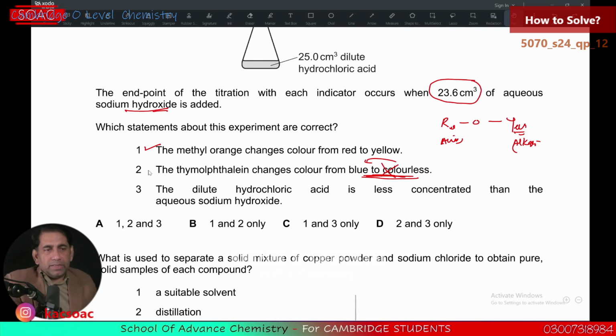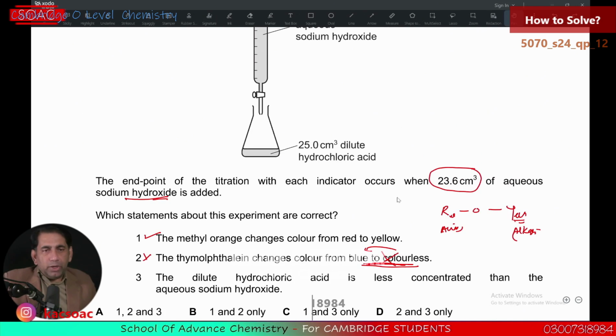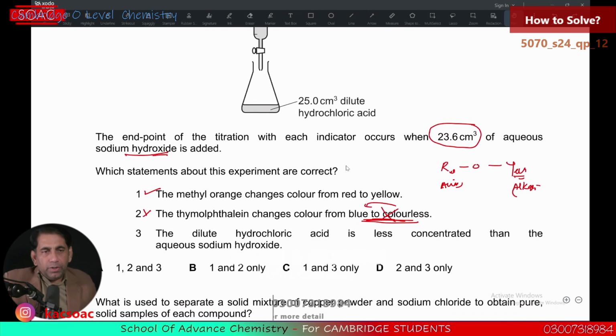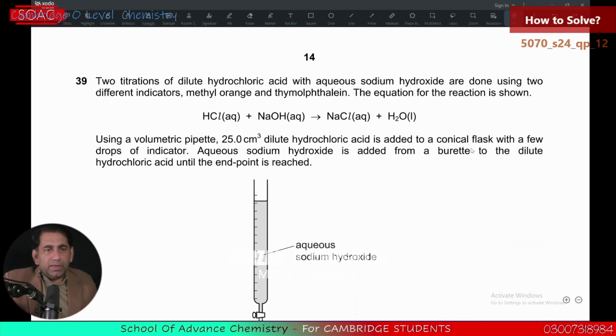Third one: the dilute hydrochloric acid is less concentrated than aqueous sodium hydroxide. Let me see the volumes. Let us compare the volume of these two. The volume of HCl is 25 cm³. The volume of NaOH used is 23.6 cm³, and the ratio is 1:1. If they had the same concentration, then the same volume should be used.